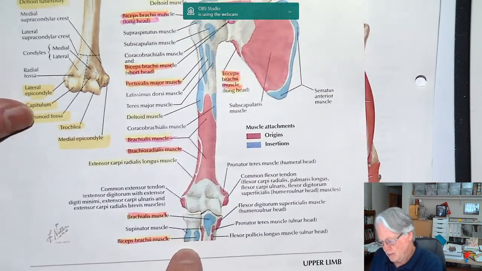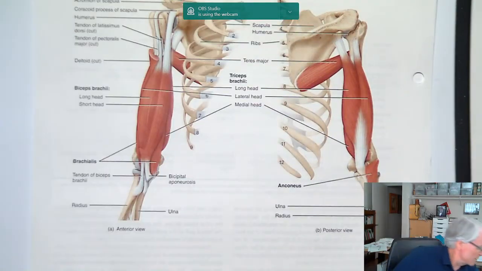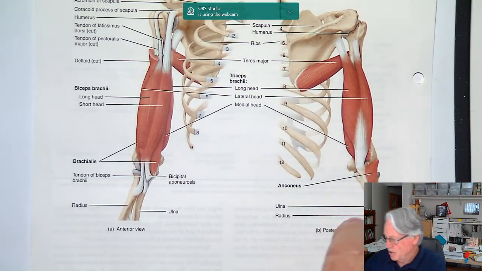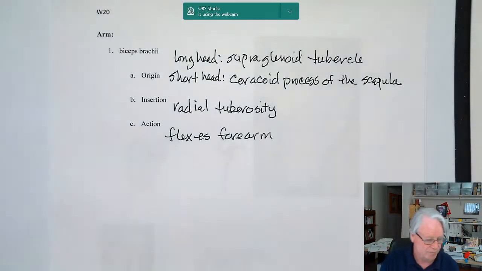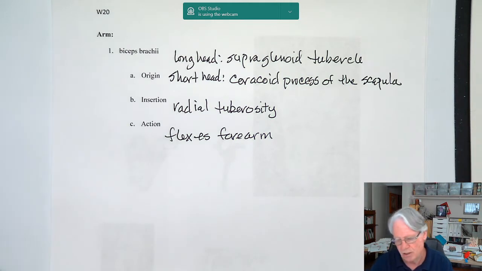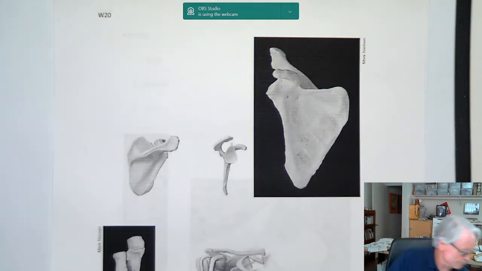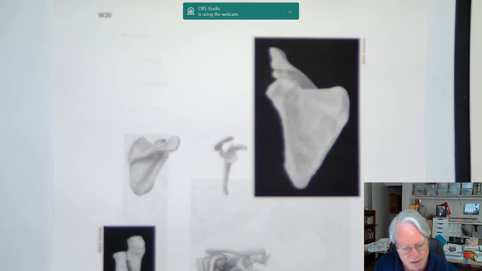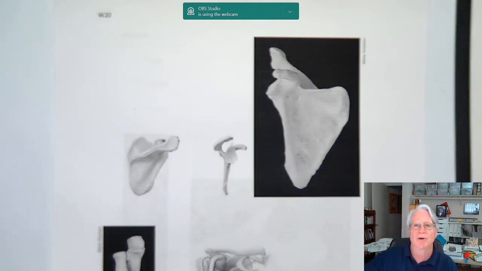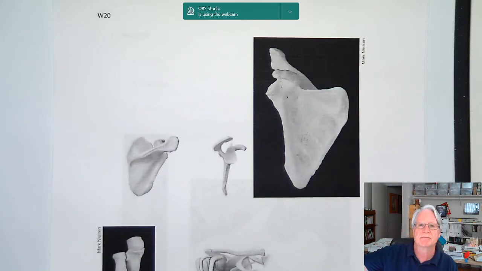Okay, so let's go ahead and mark those on our pictures, and on the next page we'll see that. So red is going to be for origin. Okay.